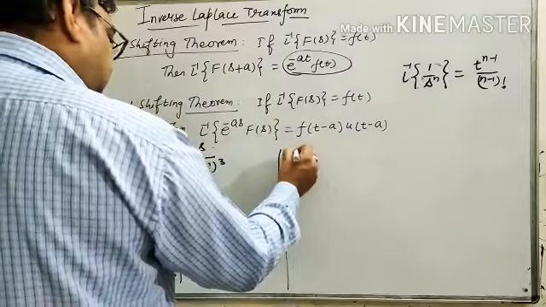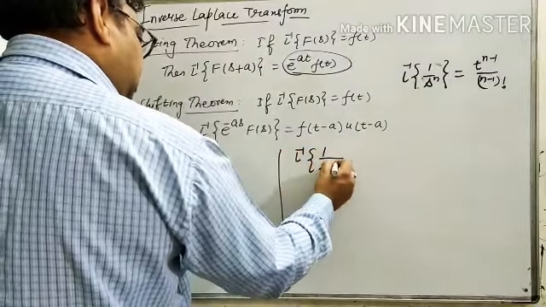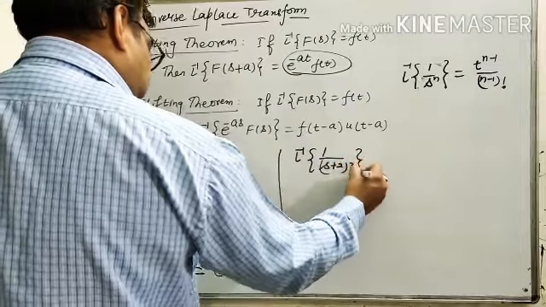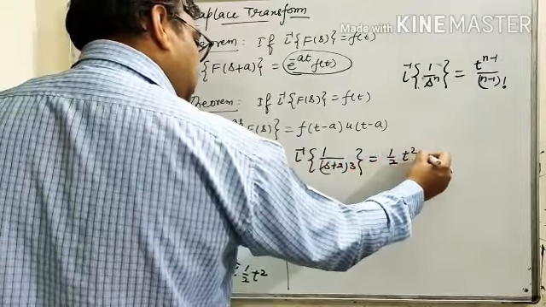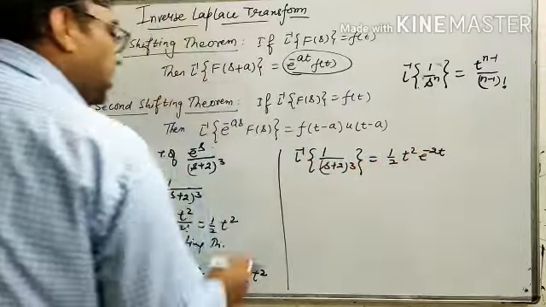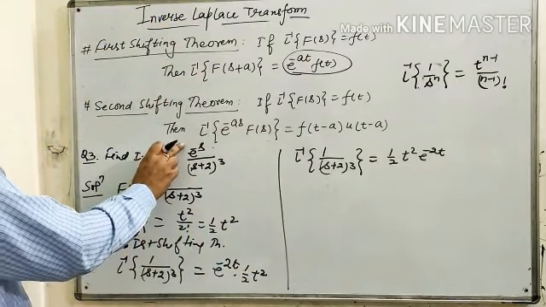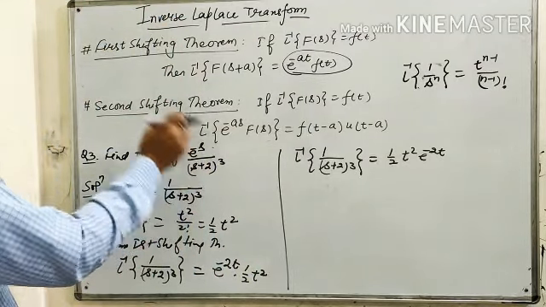That is, inverse Laplace of 1 upon (s+2)^3 is equal to 1/2 t^2 e^(-2t). Now we have to find the value of e^(-s) upon (s+2)^3.